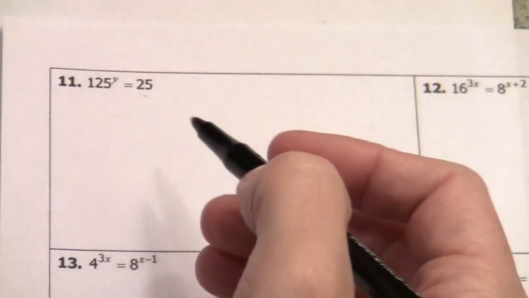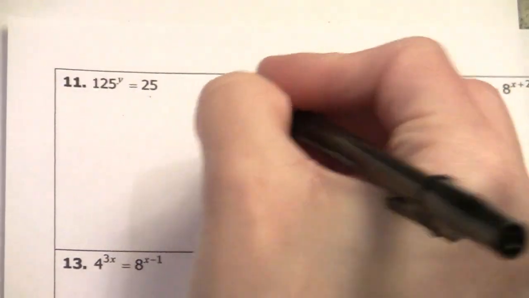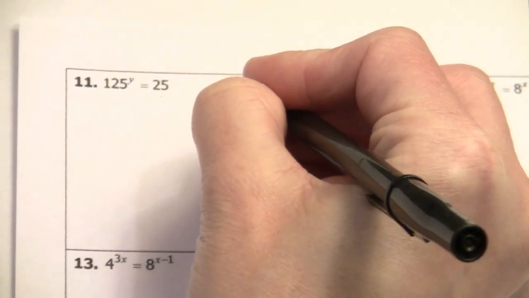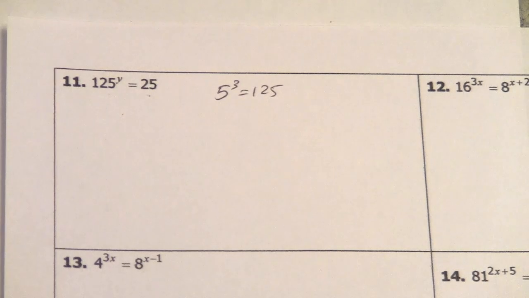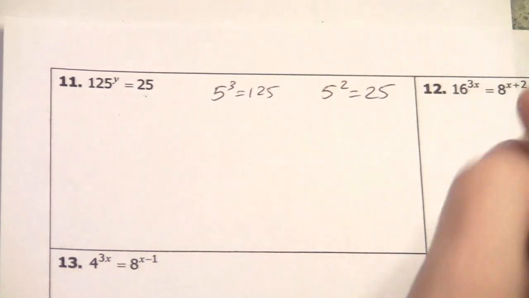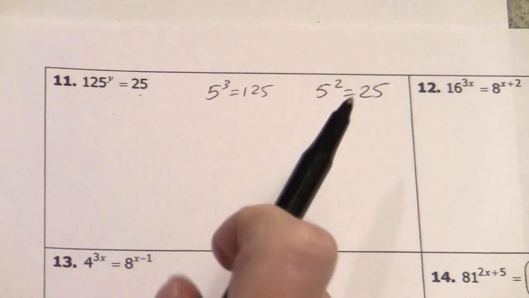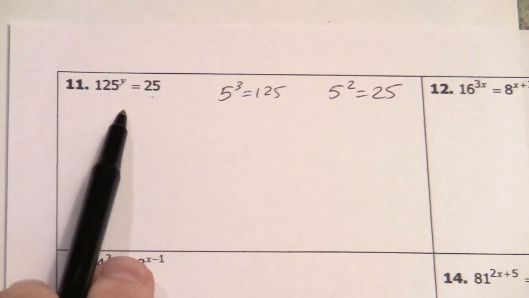Okay? Now here's what's going to happen. So if we do 5 cubed, that's 125. And you should know that 5 squared is 25.